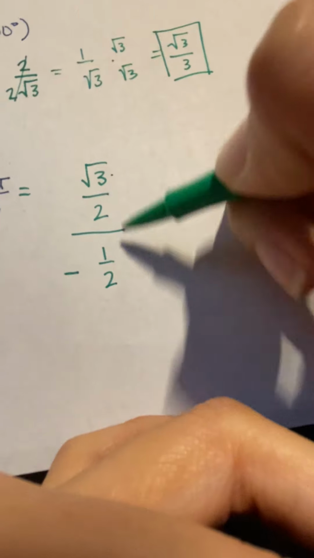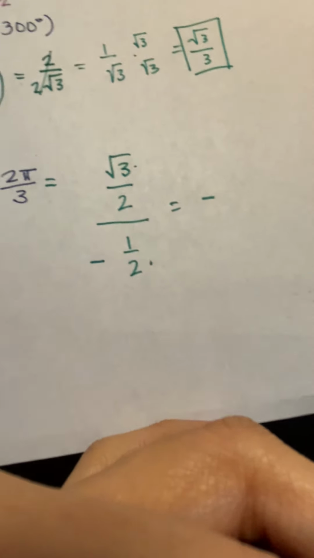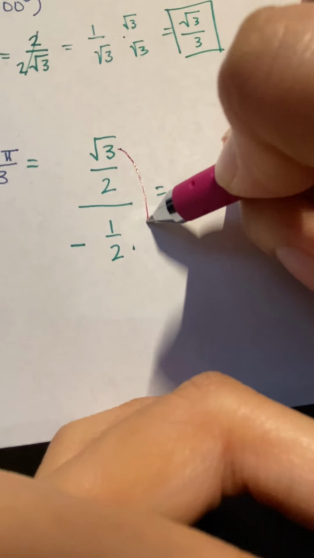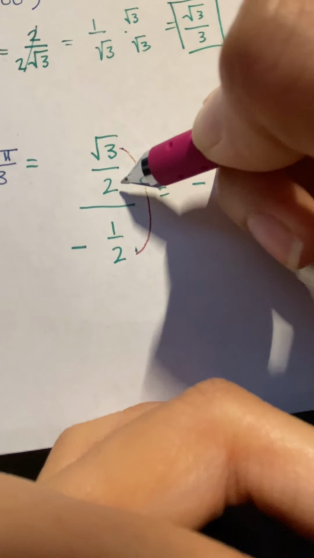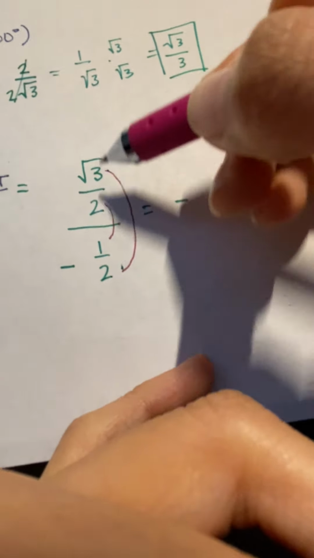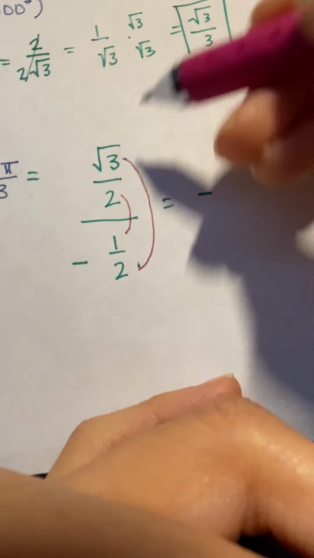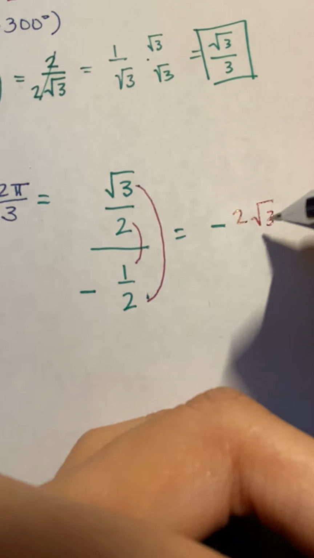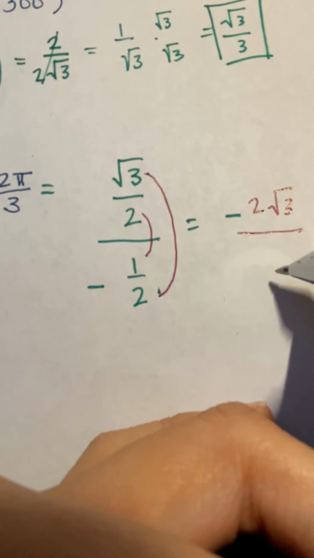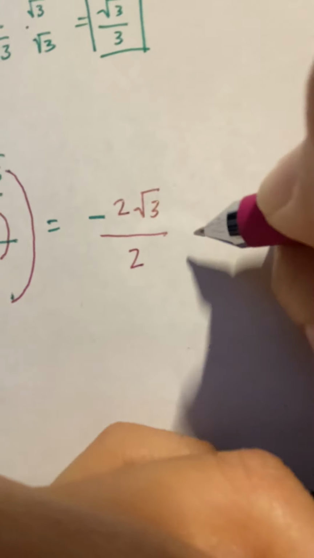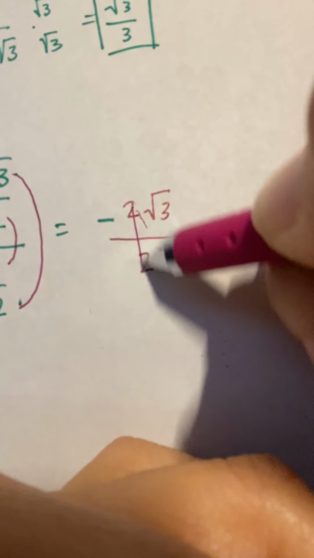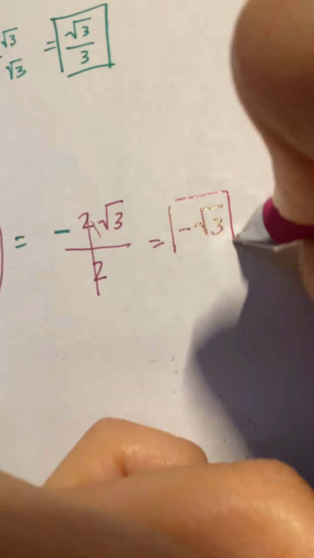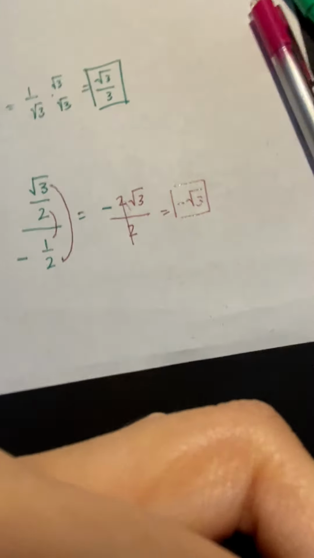Again, multiply this one to this one. That would be 2 times square root of 3, all over 2. Let's simplify this guy. You can divide this out, so you're left with negative square root of 3. Does that make sense?